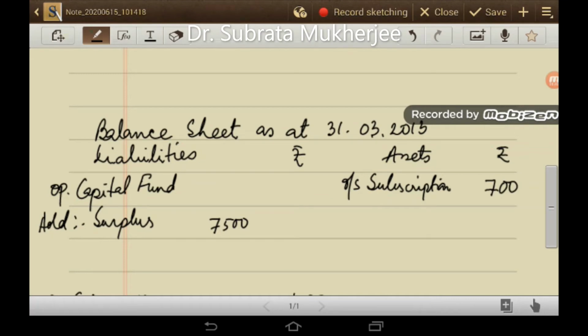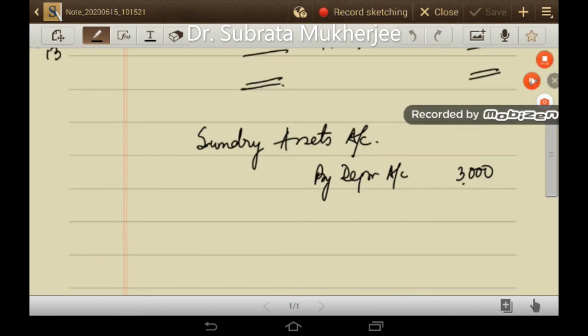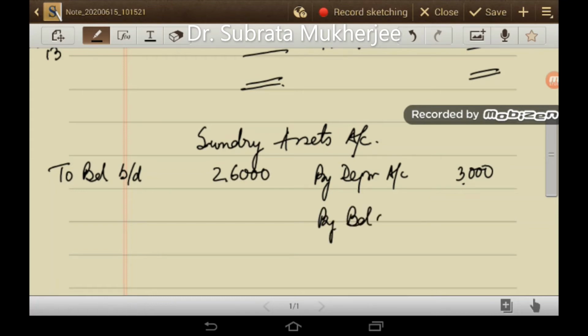Next is the opening and the closing balance of the sundry asset. So the opening balance of sundry asset I am writing on the debit side. So to balance BD, this is 26,000 and the closing balance is given as by balance CD 27,000. So I will post these two figures of 26,000 and 27,000 in the opening and the closing balance sheet also.